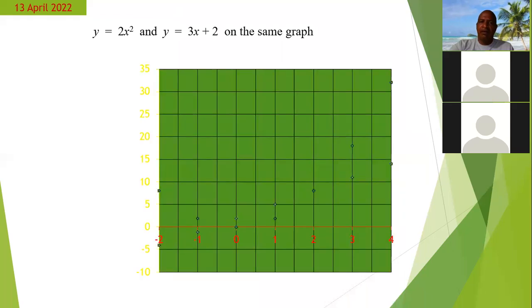So you would have one curve looking like that, which is the 2x squared, and the other part, you would have a straight line looking like that. Everybody see that? Now, in this case, anybody have any idea how we would solve this equation? Can anybody guess?